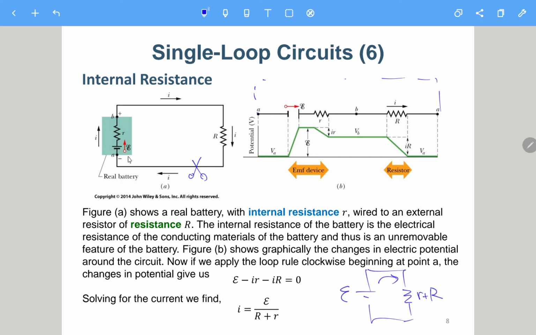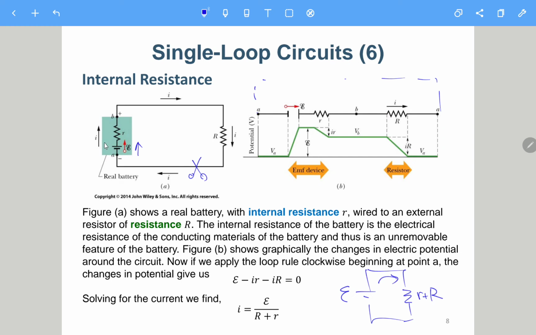Here we go through this EMF E, and it is in the direction, so we need to add E to it. It jumps from VA to VA plus E, and the difference here is E. The next step is to go through this internal resistance small r.